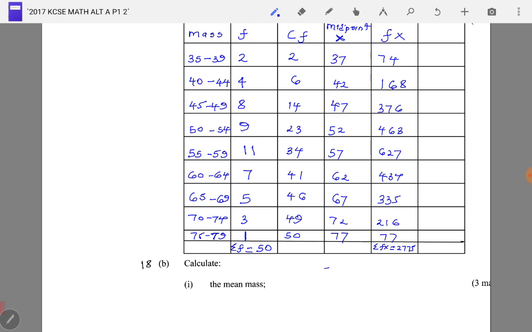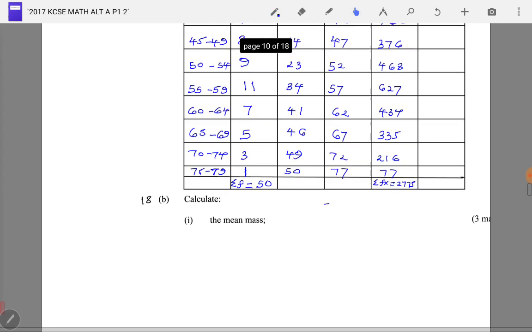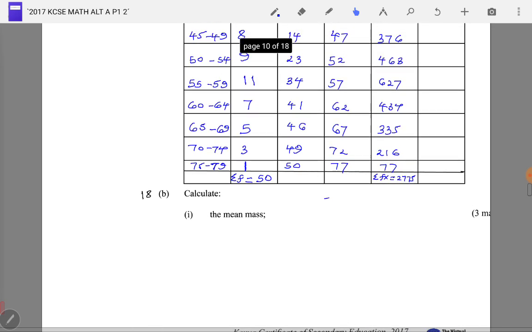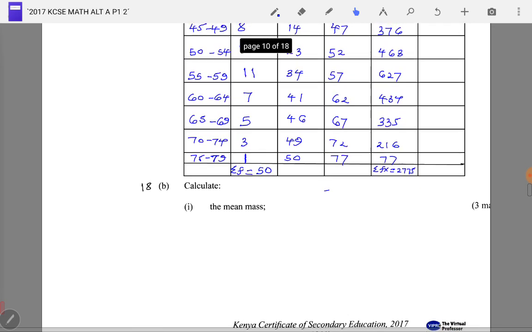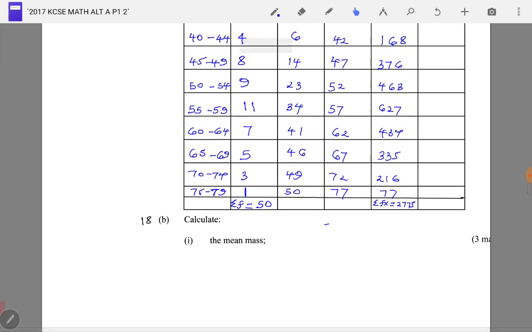Then once you are through with the table, we can now move to the individual question. We start with question 18b, part 1. It is important to note that for the table, we shall get 2 bonus marks for correct filling of the values inside the table.